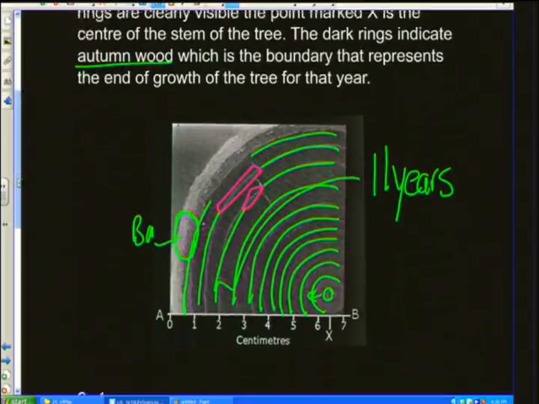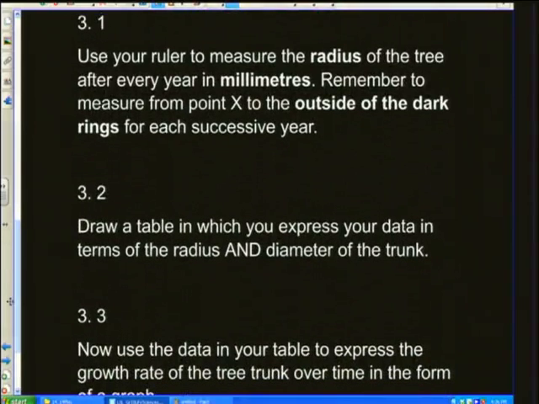Now we have to do the first thing. It says, use your ruler to measure the radius of the tree after every year in millimeters. Let's look at terminology. Radius. I am no maths person, but what is the radius?